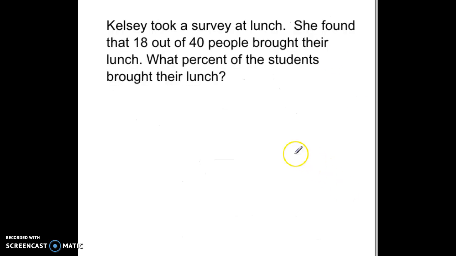Let's try the next one. Okay, now this is a word problem, and I think word problems are actually easier to do with this. So, Kelsey took a survey at lunch. She found that 18 out of 40 people brought their lunch. What percent of the students brought their lunch? Okay, so once again, I put my 100 down because I know that's right.